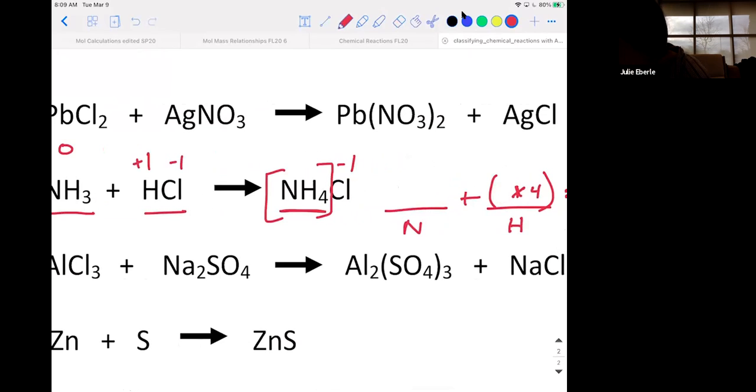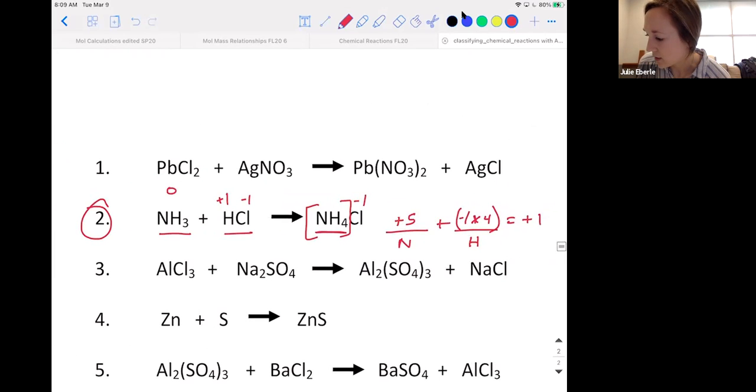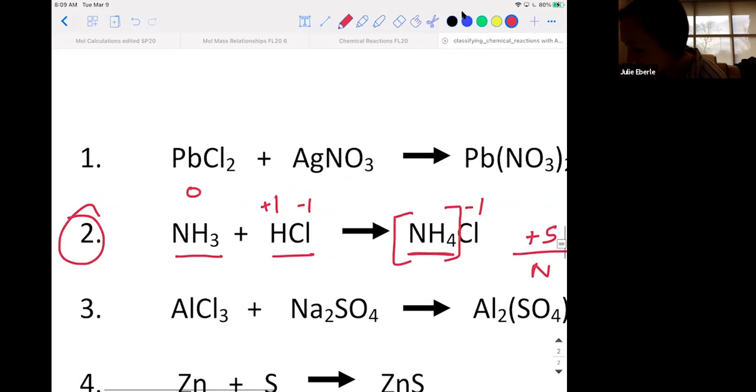What has to be happening here is that you have a +5 on your nitrogen and a -1 on the hydrogens. Okay, so that's actually how you get the +1. Sorry. On this side, these add up to 0. So here hydrogen is a -1 and nitrogen is a +3.